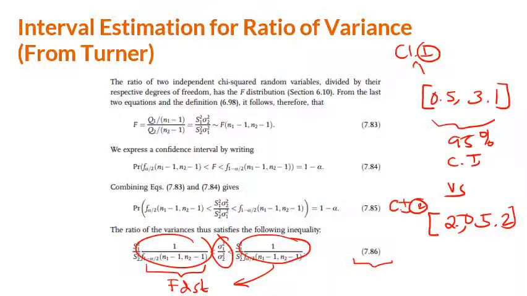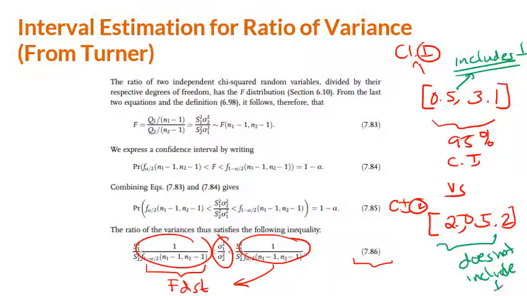If you look at CI1, class, the value 1 is included. It includes 1 in the confidence interval. Here, it does not include 1. So what matters here is whether or not 1 is included, the most critical thing for the variance ratio.